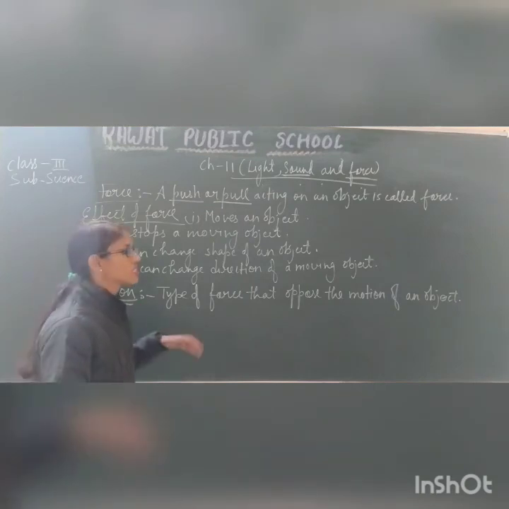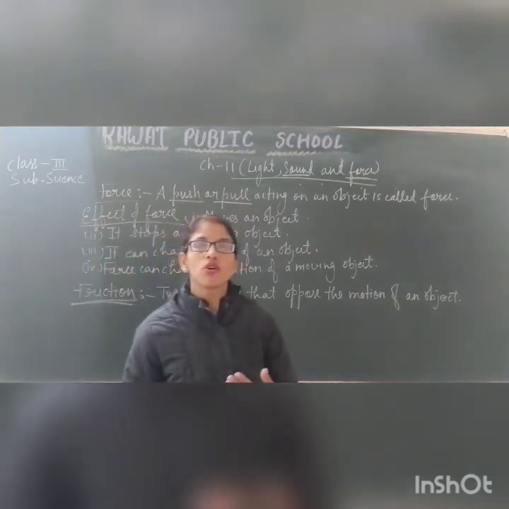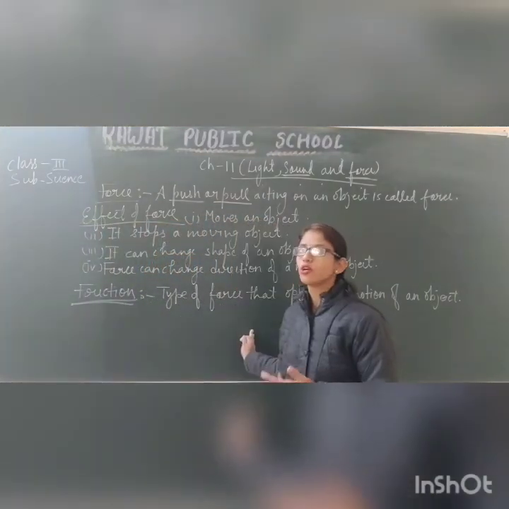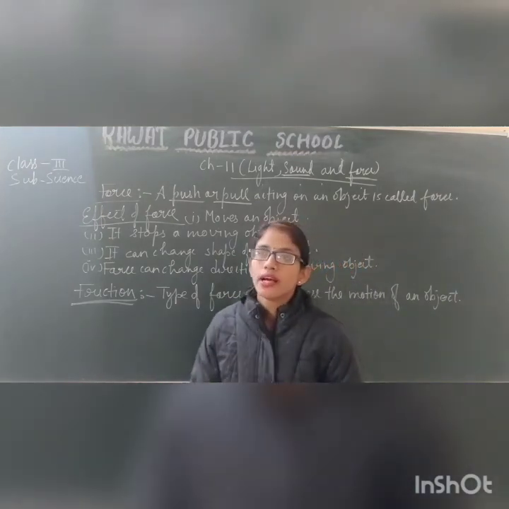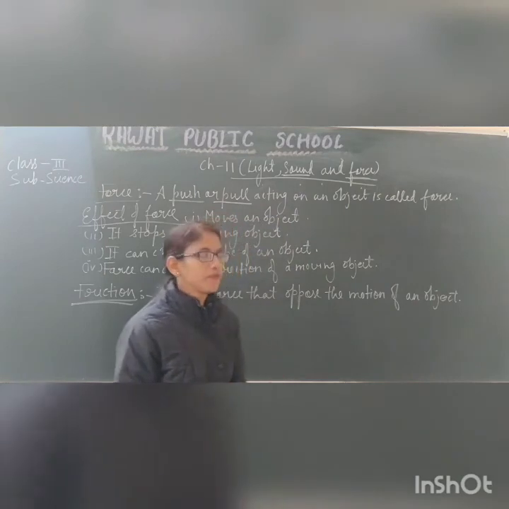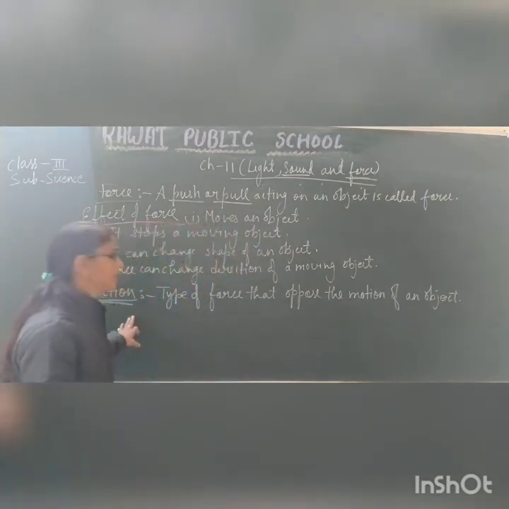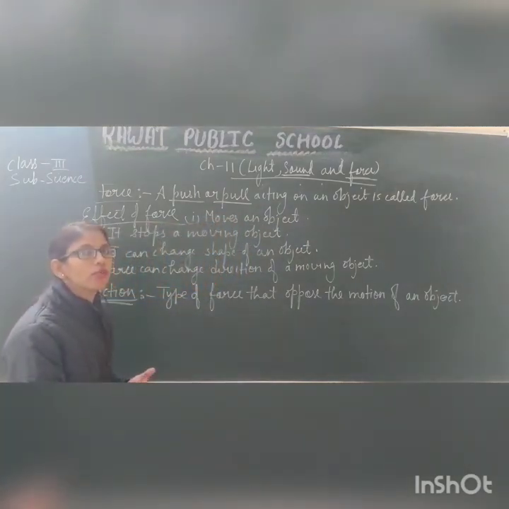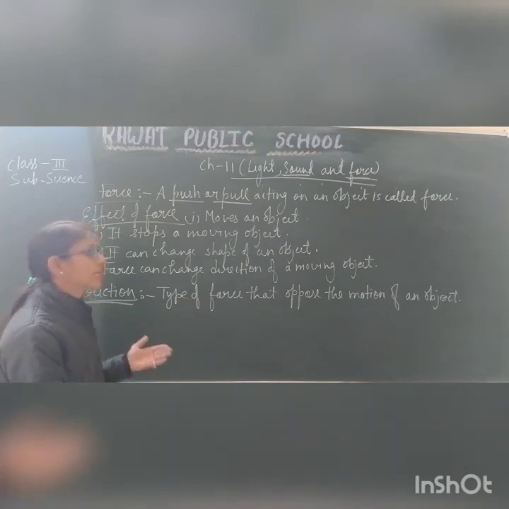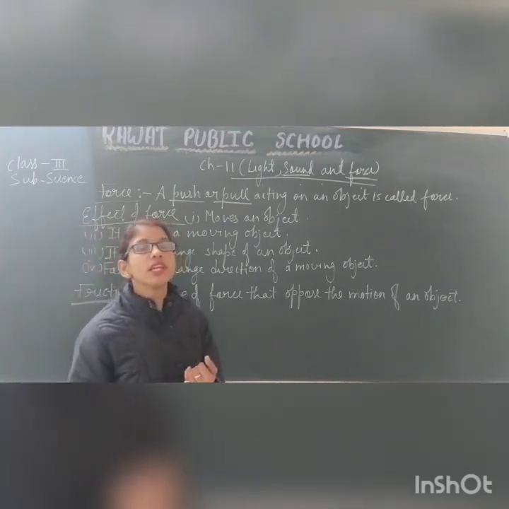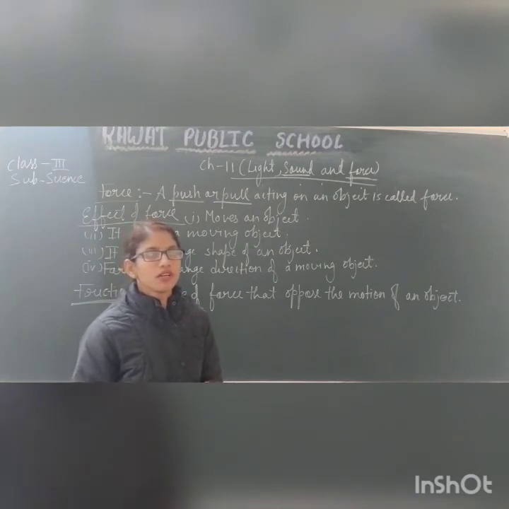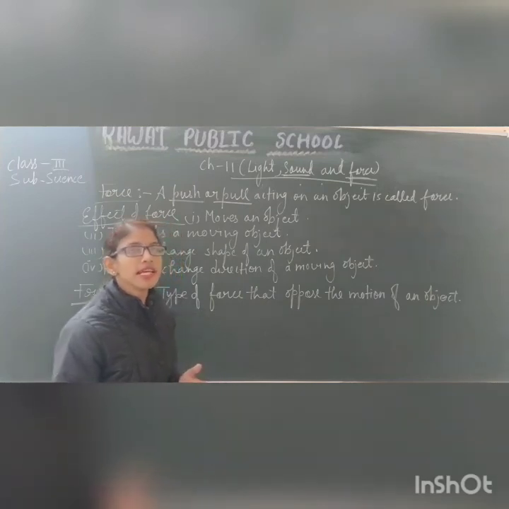And this friction force is very important for all of us because it helps us to write on the blackboard and to walk on the road. If the friction is very high, then the object will not be able to move. And if the friction is very less, then the object will slide. For example, if we step on a banana peel, we will slip because there is less friction.